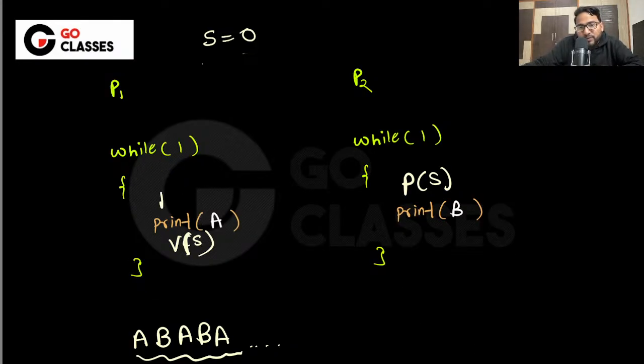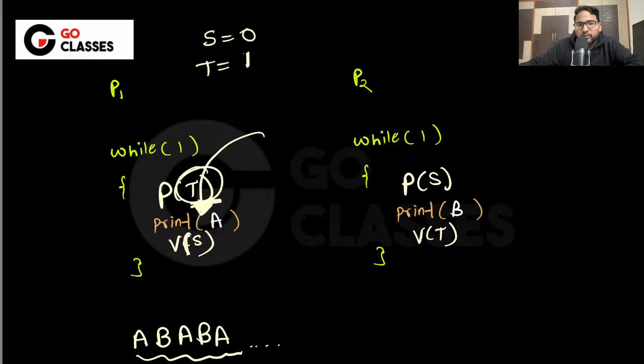So that's why you can put another semaphore, maybe T here, and say that after this B only this T will get executed. So initially the value of T could be 1 because you have to start with A. Now let's see the flow. The value of S will be 0, A will get printed, and then you can't print this A again because P of T won't allow you if the T value is 0.